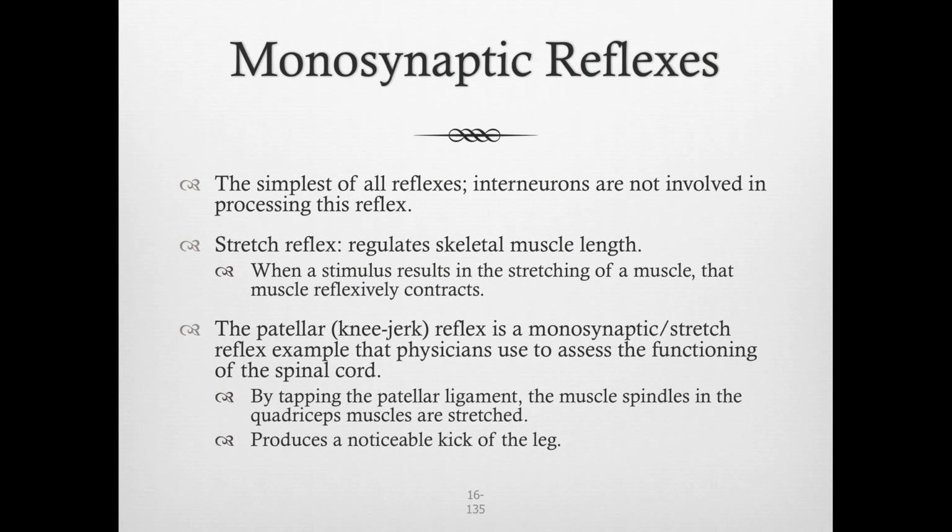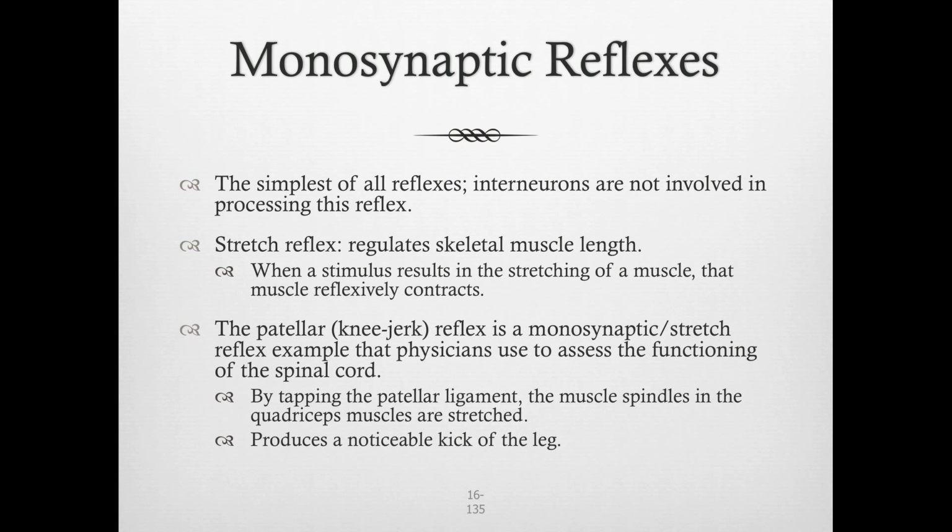But now we want to talk about how those reflex arcs are composed in terms of the number of synapses. So that is, how many neurons in order is that reflex? How many synapses are involved in that reflex? We're going to start with the simplest of all reflexes, because that kind of makes sense, right? We're going to start with one in which no interneurons are involved.